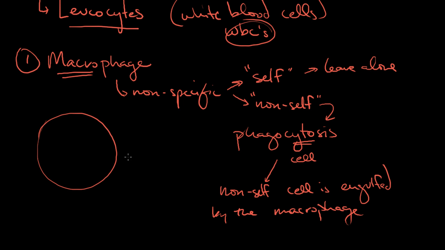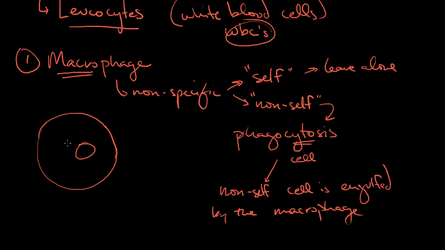So let's draw it as a large cell, and we've got a bacterial cell here, and basically what's going to happen is that it's going to go inside of the macrophage, and then it's going to be, so here we go, inside the macrophage.